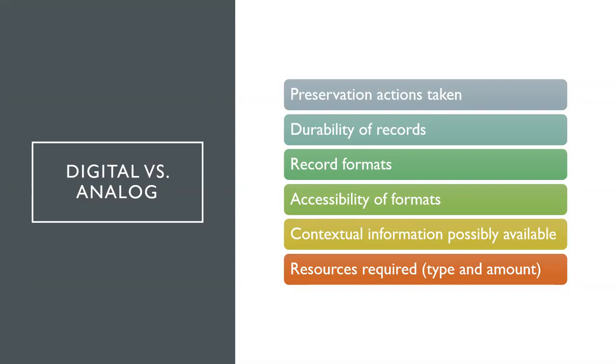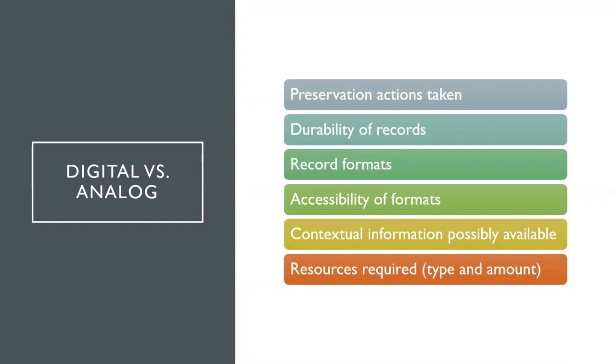There's typically less expertise involved in providing access to analog records and preserving analog records than with digital records, which may take knowledge of different types of file formats, different types of software, different tools that archivists use to preserve and provide access to records. And so there are just different types of expertise that go into preserving these types of records.